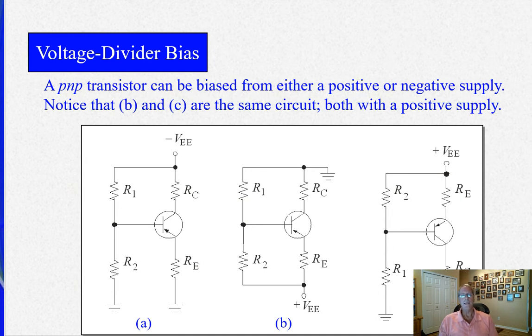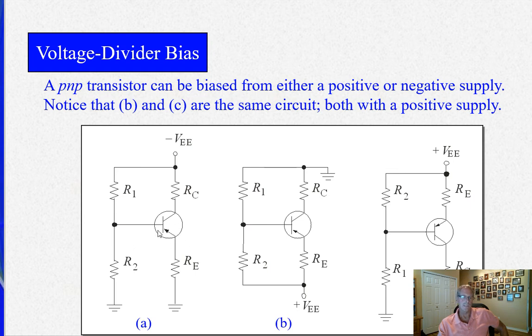So we can do this with a PNP transistor. We've been looking at NPN transistors, but you can do it with a PNP transistor. You just flip everything around and reverse the voltage. So up here we have minus VEE, so this is a negative voltage at the collector. All the currents go the opposite way.